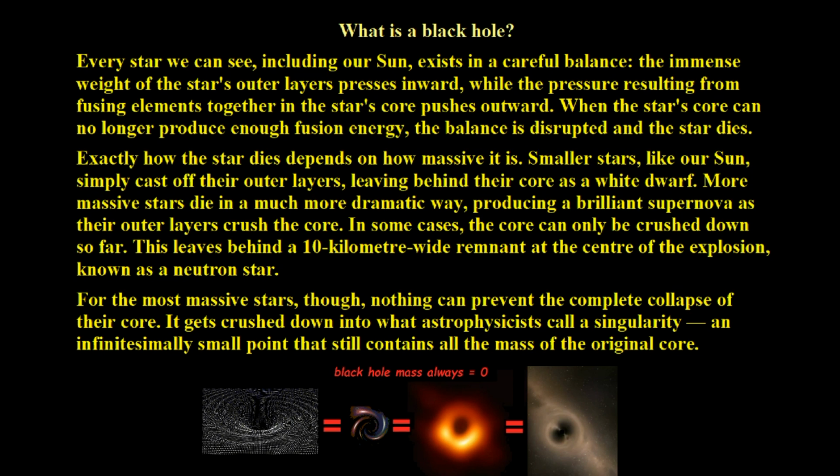It says, every star we can see, including our sun, exists in a careful balance. The immense weight of the star's outer layers presses inwards. We're going to crunch this star, right? It's going to compress itself through gravity, while the pressure resulting from fusing elements together in the star's core pushes outward. So we have a pull inwards and a push outwards, right?